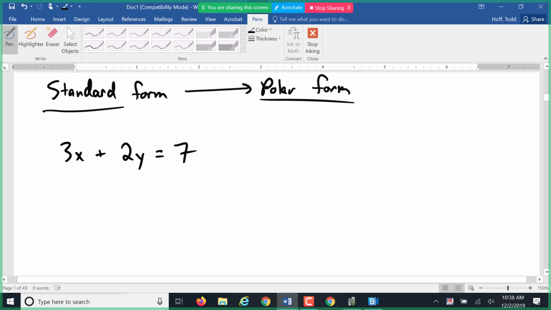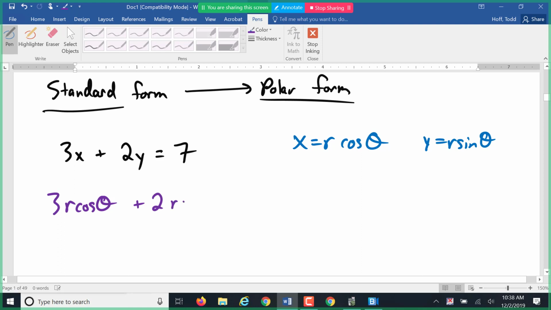Well, remember, x equals r cosine theta, and y equals r sine theta. So we can just simply substitute. X is going to be r cosine theta, and y is going to be r sine theta.